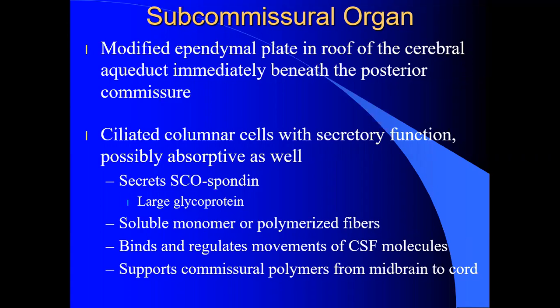How they execute is still unclear; maybe 3 years from now Juan can give this lecture and we'll see what it's for. This is a subcommissural organ. Here's the aqueduct. Here's the periaqueductal gray. Here's the subcommissural organ. Very interesting little structure. Here it is in detail: ciliated columnar cells. You can see all that. Very pretty picture.